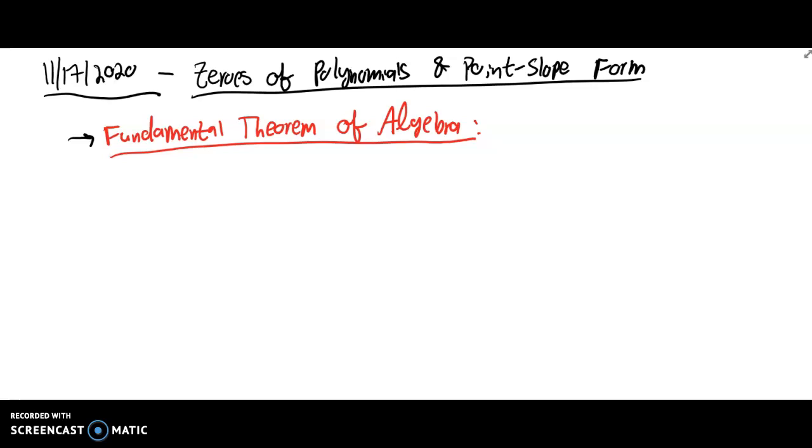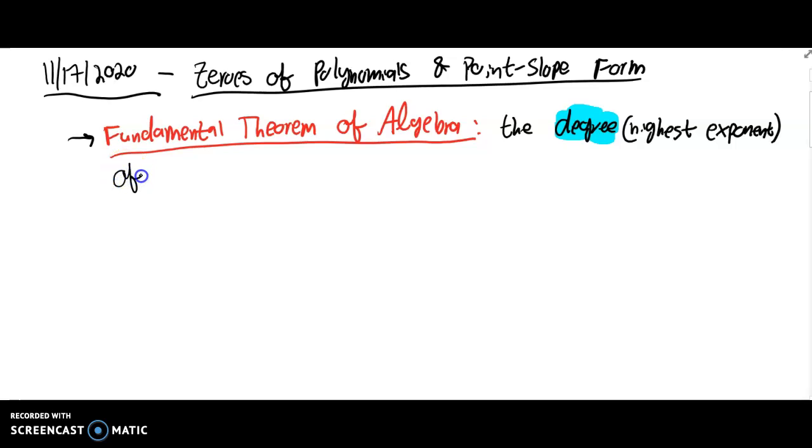And it states that the degree, remember degree just means highest exponent in standard form, the degree of a polynomial is equal to its number of zeros.